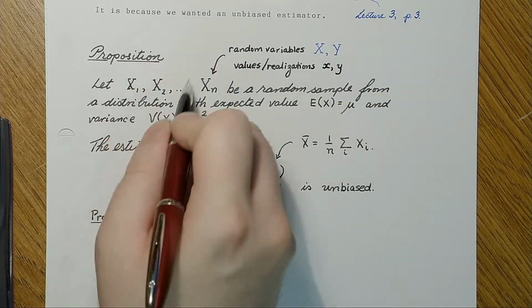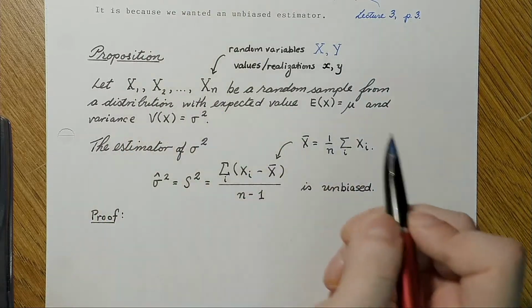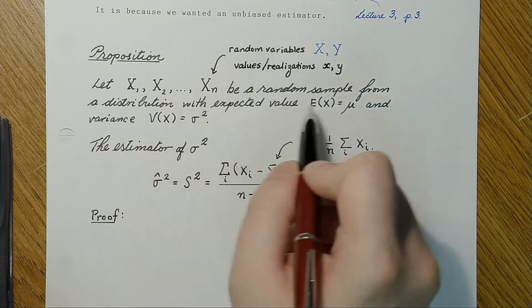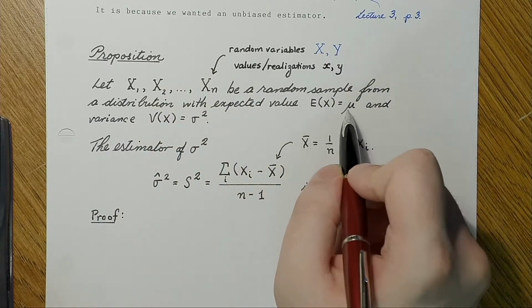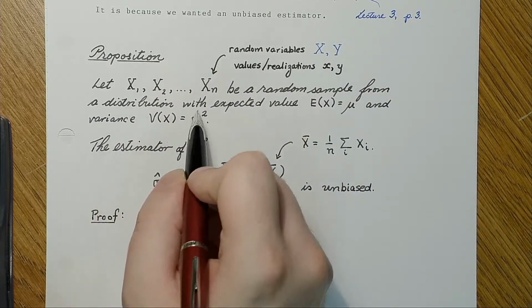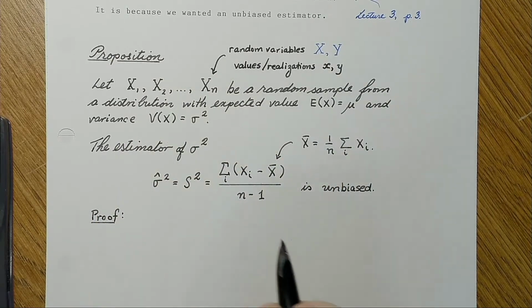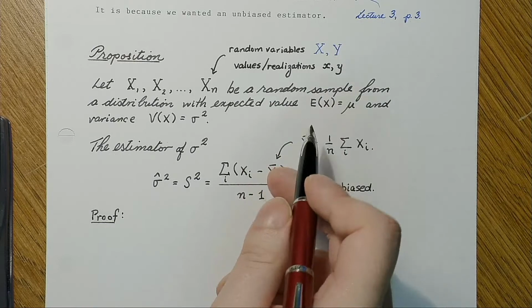So again, we don't know what the values are. They're just some random collection of random variables from a distribution, and we know what the expected value is. It's mu, and we're going to say the variance is sigma squared. So we know for sure what those values are.